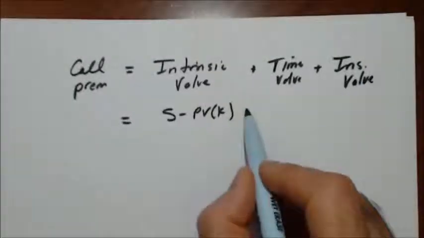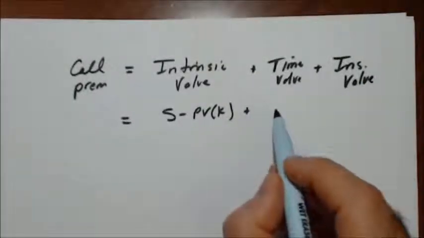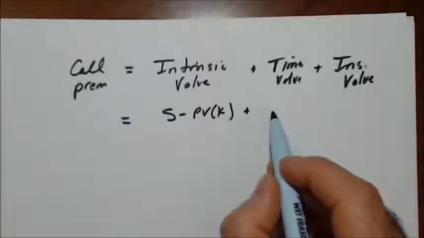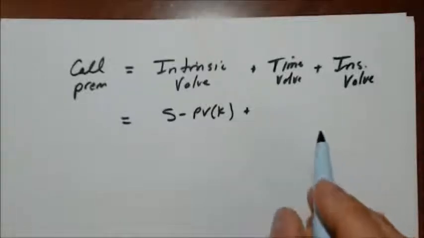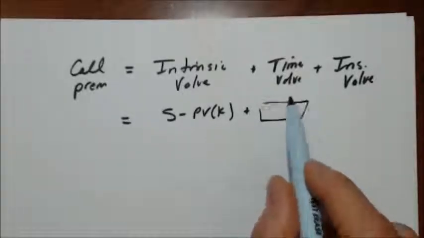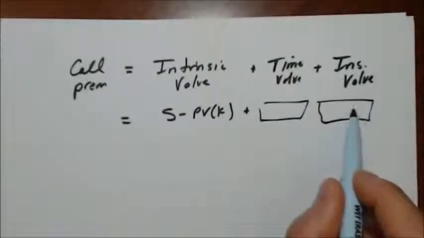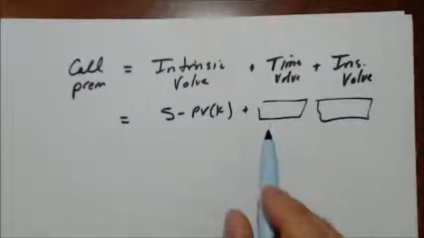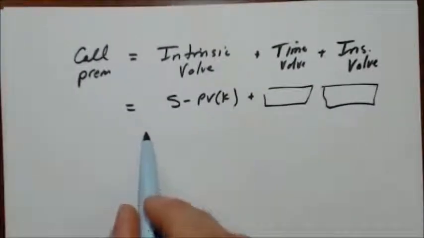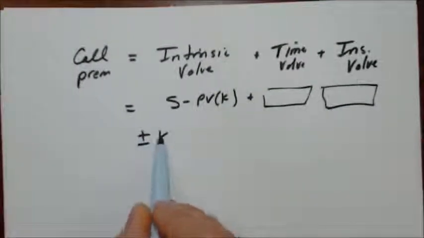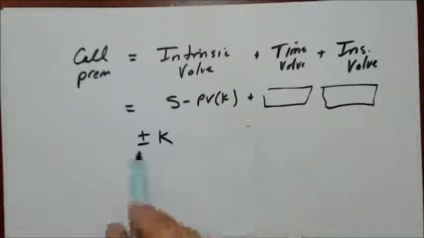The time value component. I'm going to have to do a little bit of math tricks to break out and tease out what these components equal. And the way to do that is simple. I'm going to add and subtract K from the right hand side.